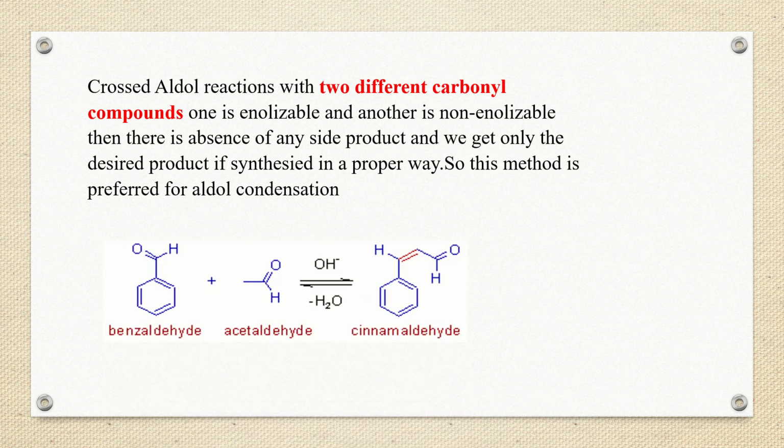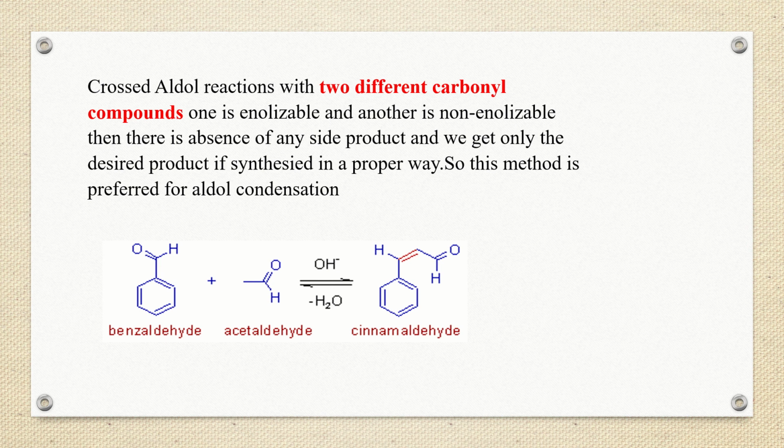Let us take this example. Benzaldehyde, when treated with acetaldehyde in presence of a strong base, leads to formation of cinnamaldehyde. Now, if you see thoroughly, there is acetaldehyde having alpha hydrogen atom and you are adding base into it. So there are chances of going for self-condensation of acetaldehyde leading to a byproduct formation.